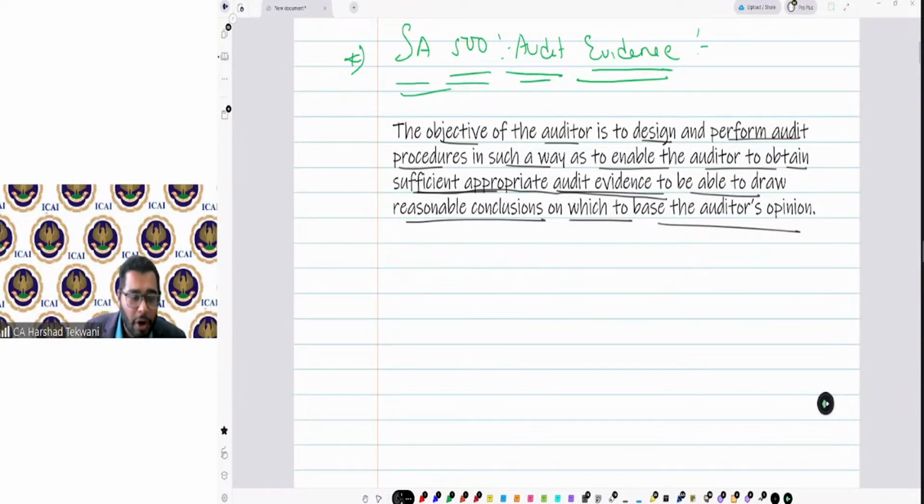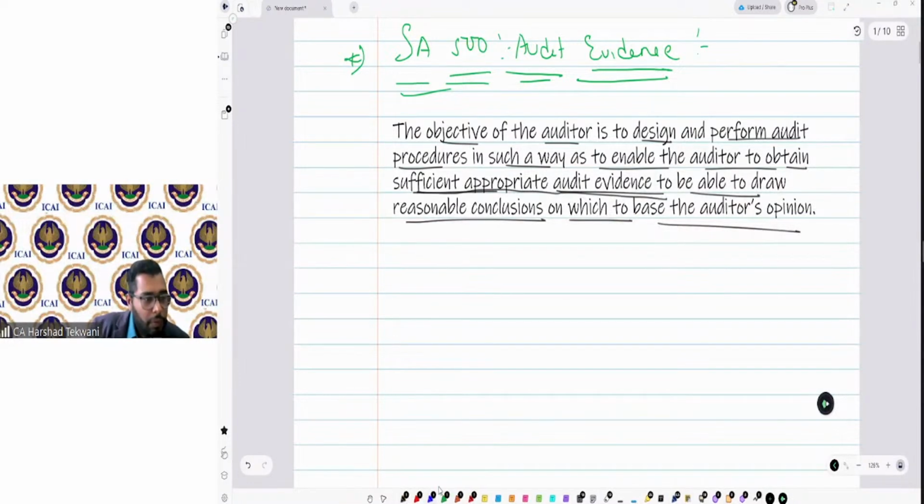And while designing the audit procedures, I need to think about first of all two areas. Our objective is to obtain sufficient and appropriate audit evidence by designing and performing audit procedures.